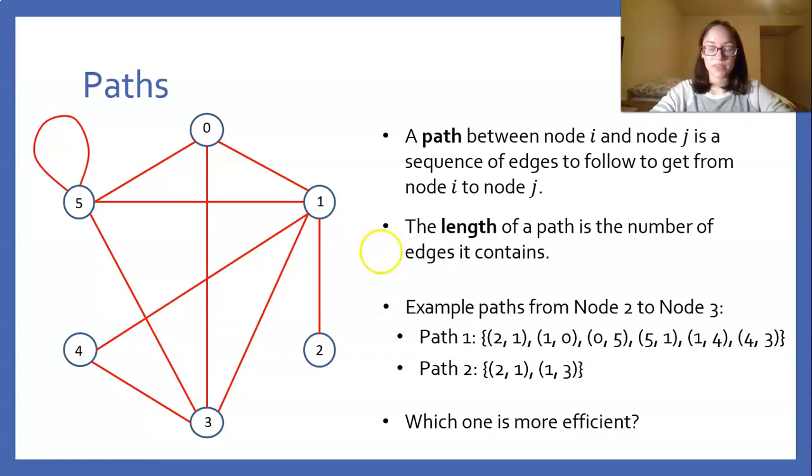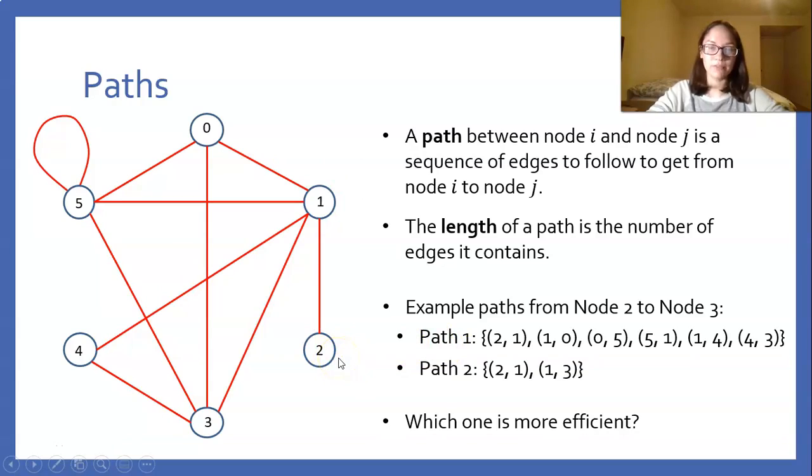If we look at this example from node 2 to node 3, we saw the very simple example of path 2, which was going from node 2 to node 1, and then node 1 to node 3. But another path that we could take, if we really wanted to, is to follow path 1 now.